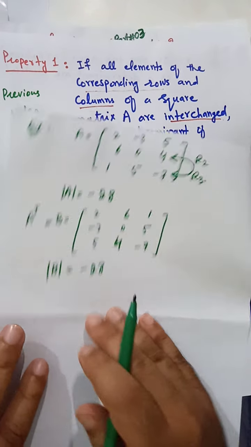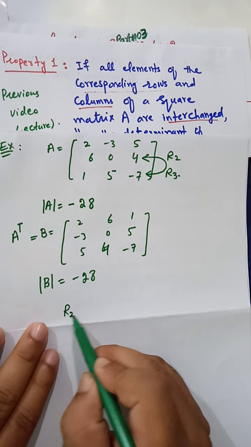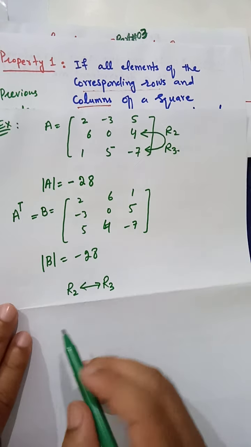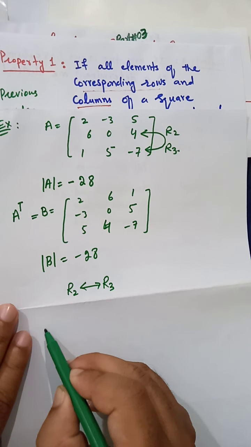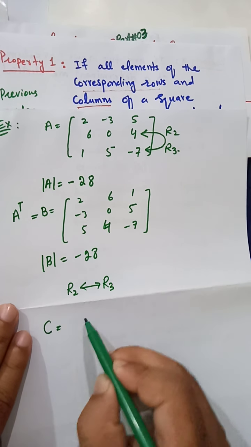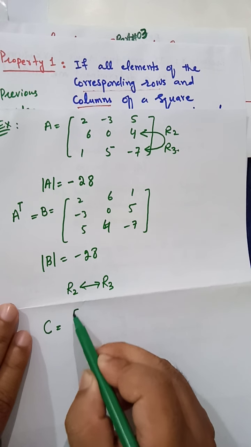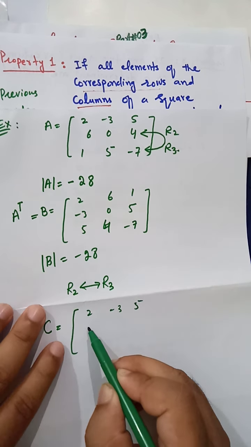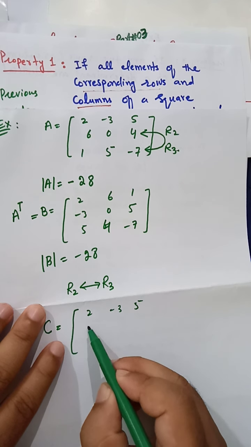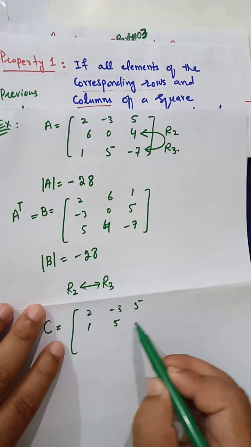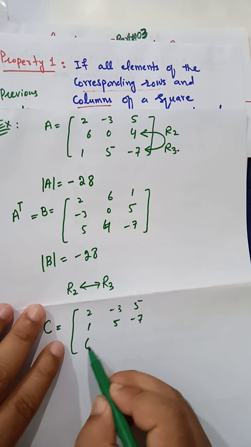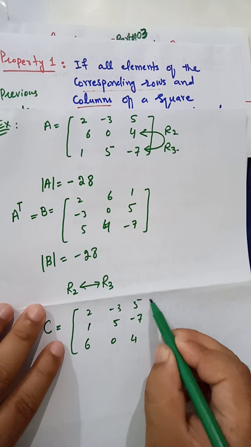this notation is used. It means that you are interchanging row 2 and row 3, and let's say the new matrix is C, so that will be 2, minus 3, 5. Now this will be 1, 5, minus 7, because the third row becomes second and the second becomes third.